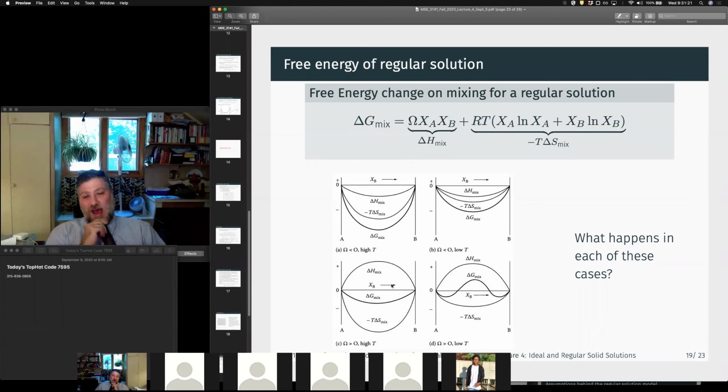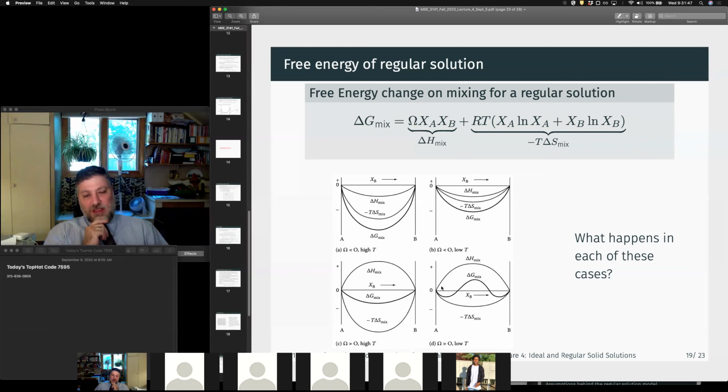But if we have a positive enthalpy of mixing, at high temperatures, our entropy term might still be high enough to encourage everything to mix, right? That we still have a negative Gibbs free energy of mixing across the whole range, right?